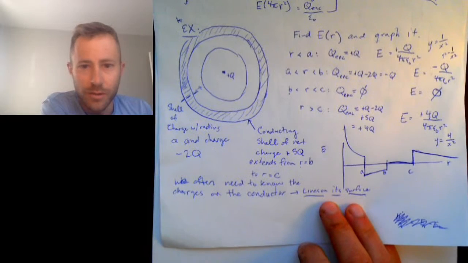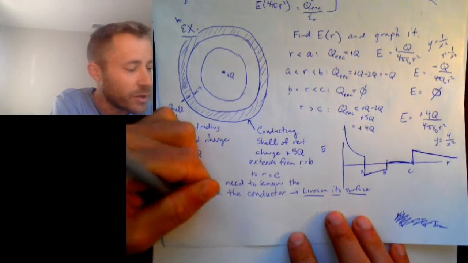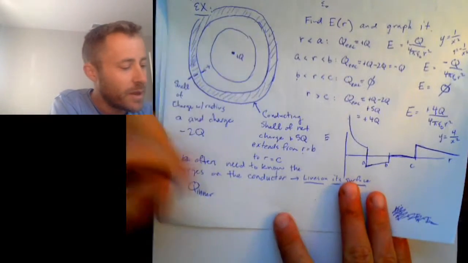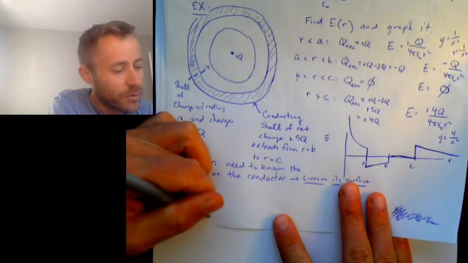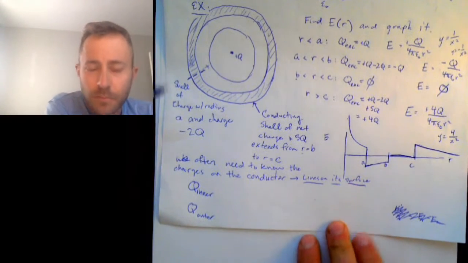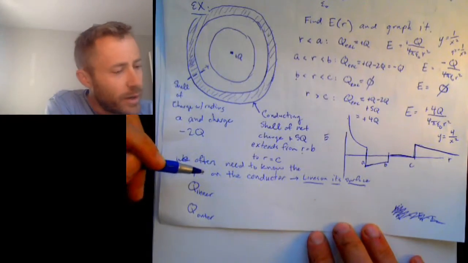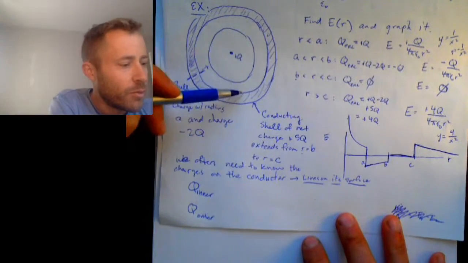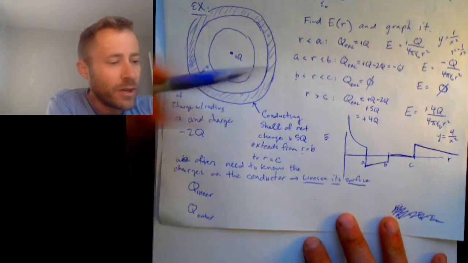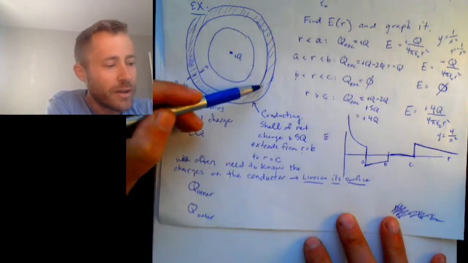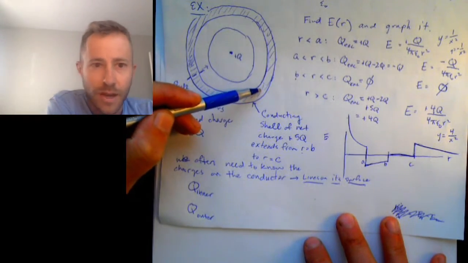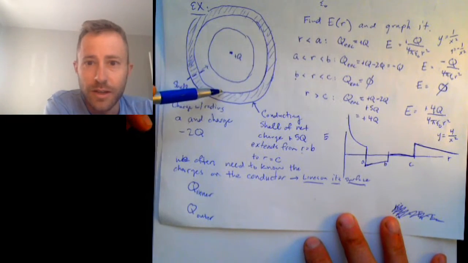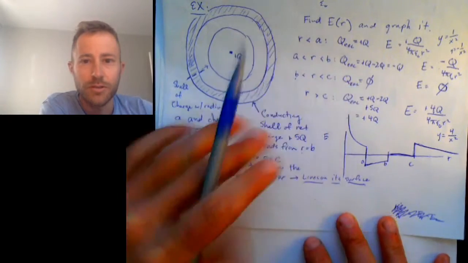So what we can do is figure out what is the charge on the inner surface of the conductor and what is the charge on the outer surface. If we want to know the charge on the inner surface, we know that the electric field is 0 inside the conductor. So if we have a Gaussian surface inside the conductor, it encloses 0 charge, right?